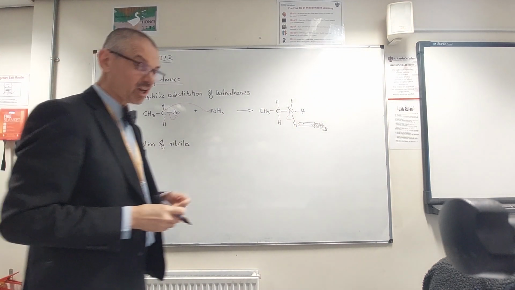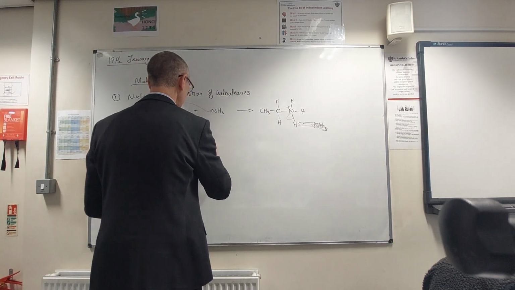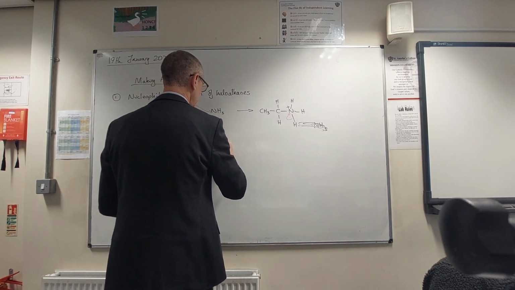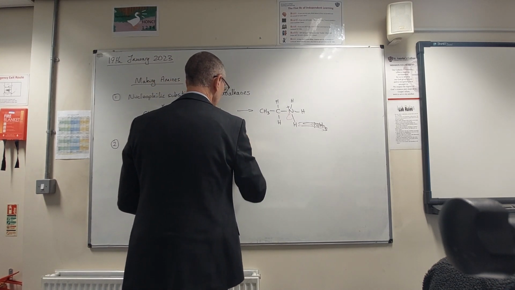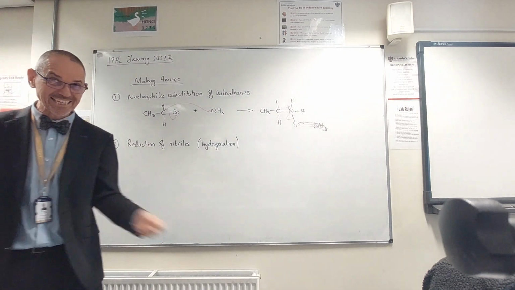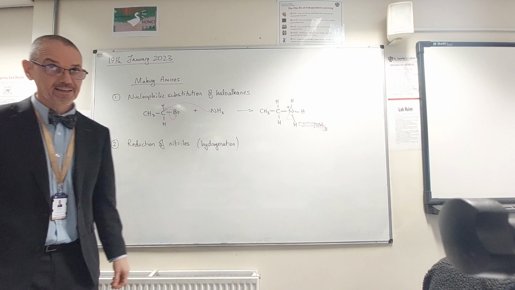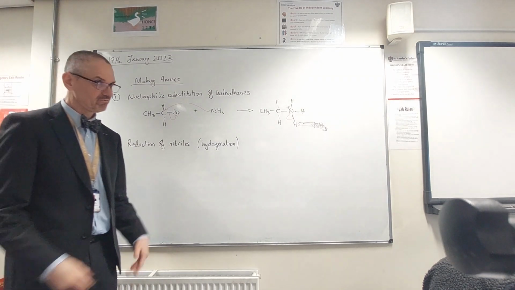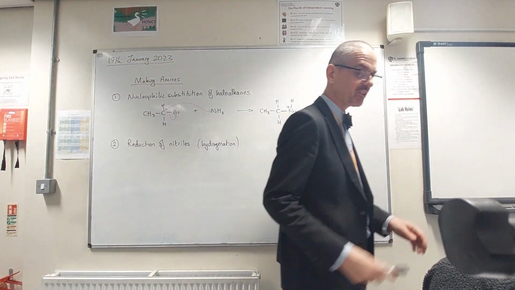Second method is reduction, or hydrogenation would be another name for this type of reaction. Hydrogenation is just a nice, quite descriptive term. It just means adding lots of hydrogen to things. We can hydrogenate carbon-carbon double bonds, for example.